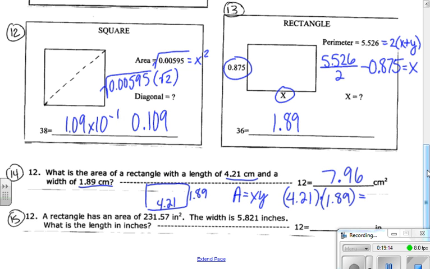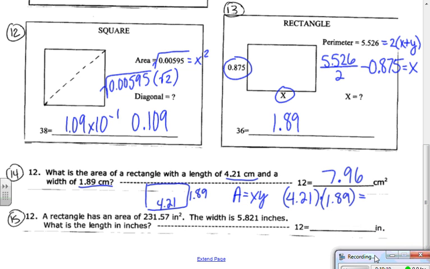Okay, number 15. A rectangle has an area of 231.57 square inches. The width is 5.821 inches. What is the length in inches? So we have a rectangle where we know the total area. We know what x times y is. x times y is 231.57. And we know the width. We know that this is 5.821. So the only thing we don't know is that distance.